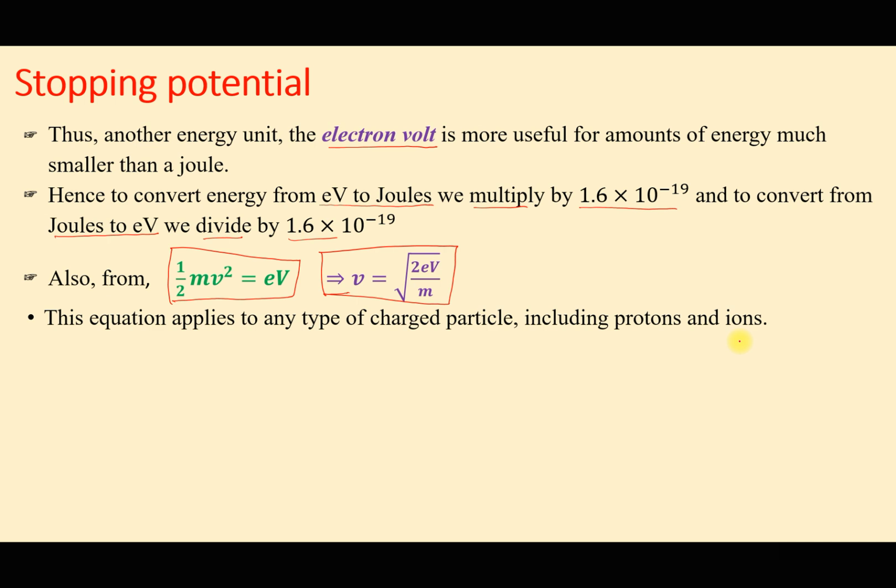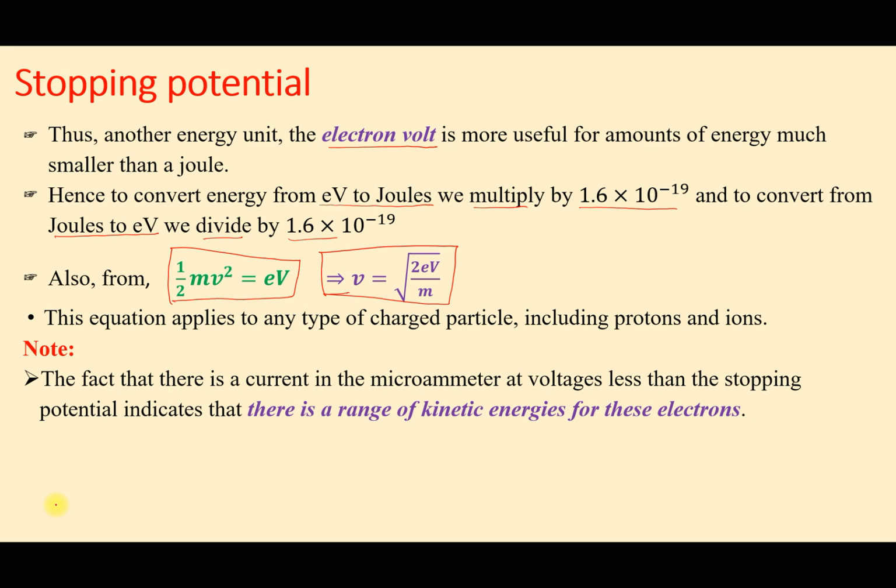The loss in kinetic energy is equal to the gain in electrical potential energy, or the gain in kinetic energy can also be equal to the loss in electrical potential energy. I want people to note the fact that there is a current in the microammeter at voltages less than the stopping potential, which indicates that there is a range of kinetic energies for these electrons.